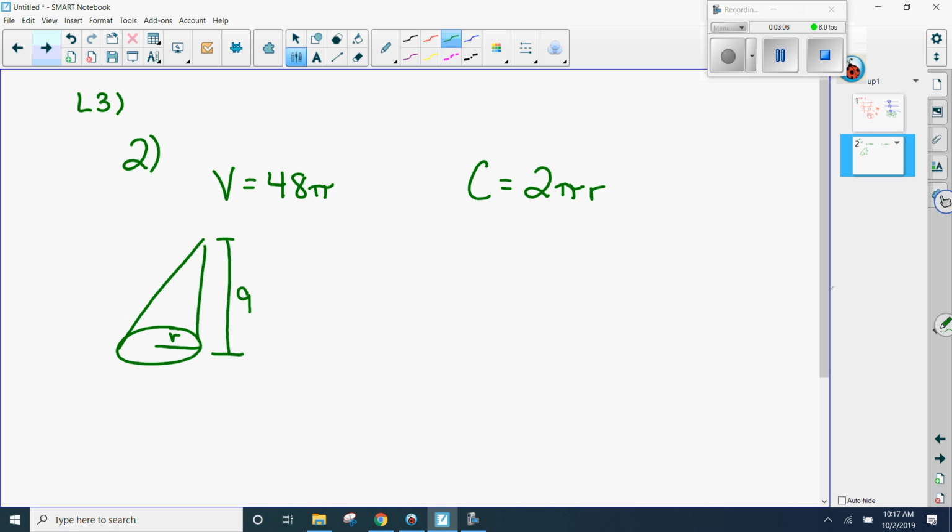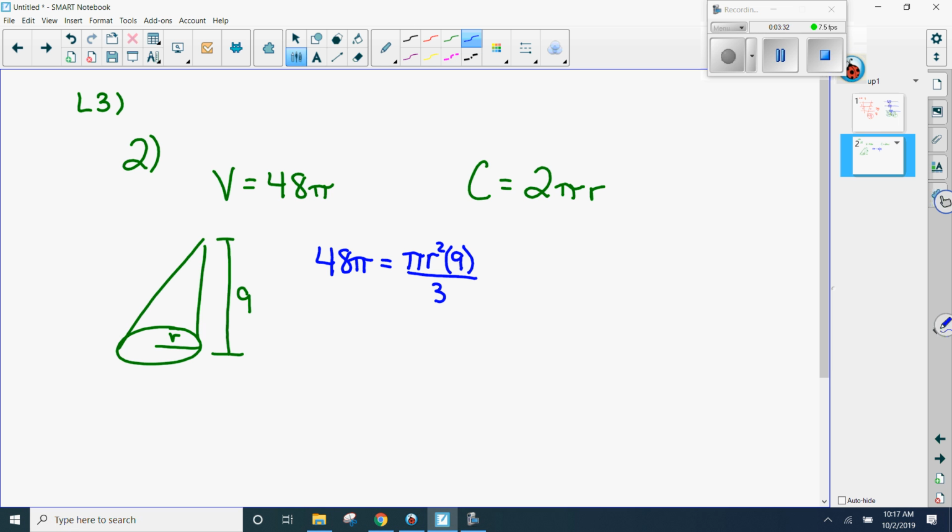The problem we have is we don't know the radius, so we have to find the radius first. To find the radius, your volume is 48 pi. Volume of a cone is equal to what? Area of the base, which is pi r squared, times the height, which is 9, then divide by 3.